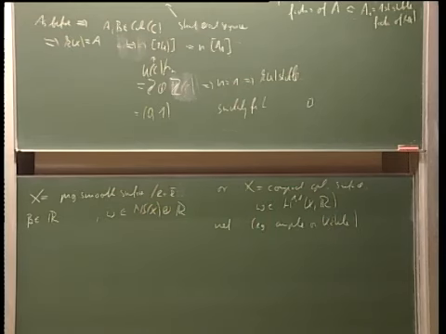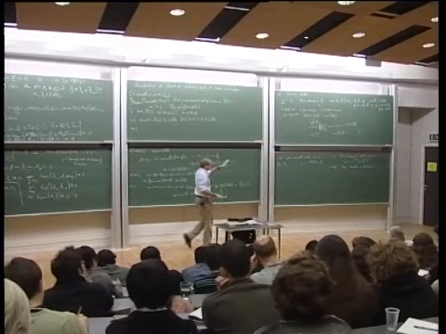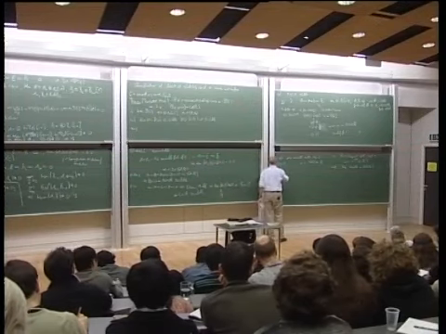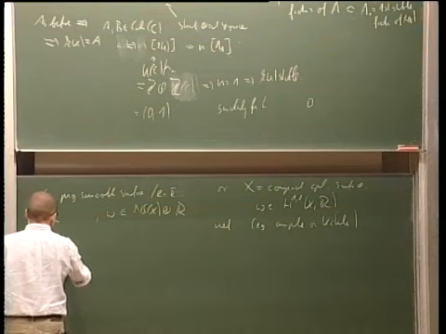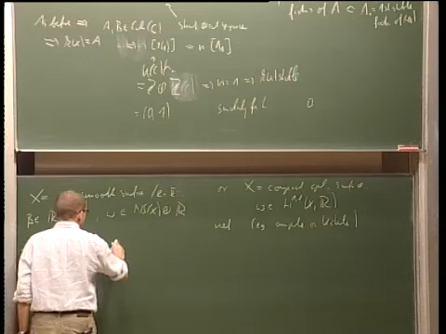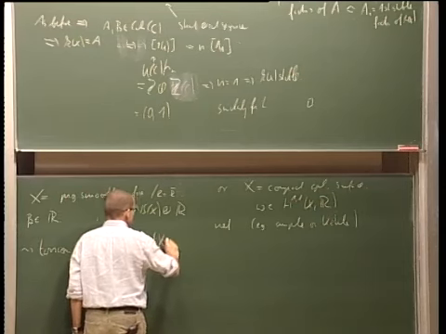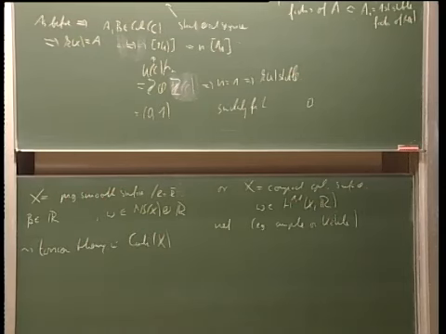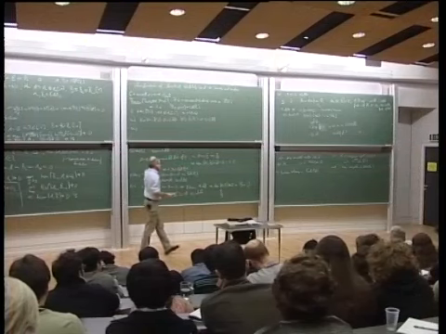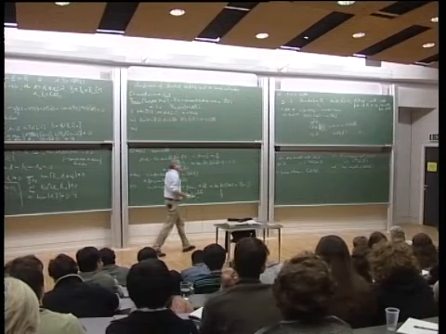Okay, so I fixed the number beta and the class omega, and now I define a torsion theory for the abelian category of coherent sheaves on X, very much in the same way as I did this for curves.